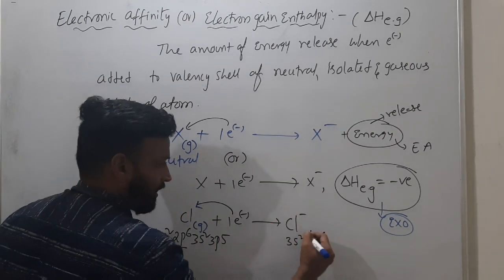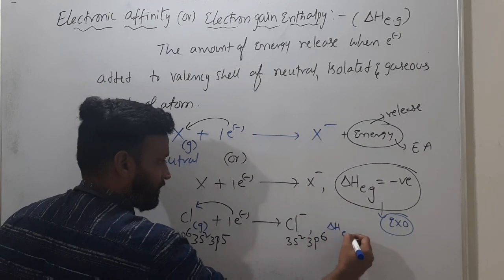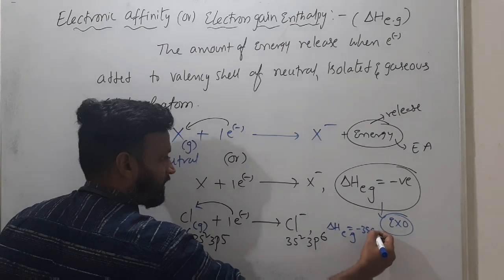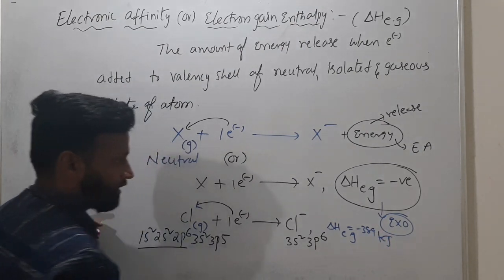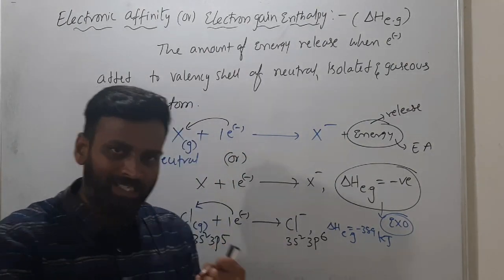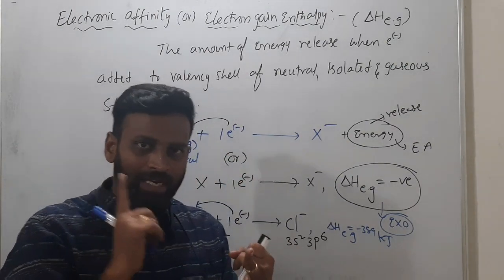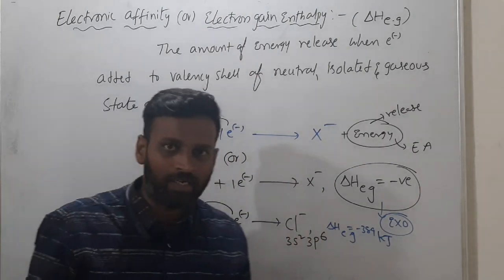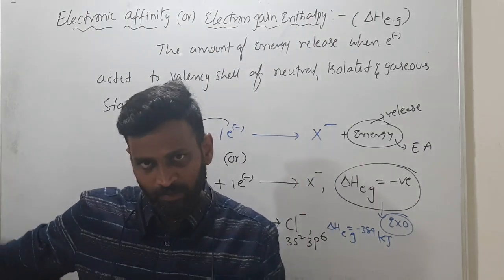So became Cl minus. So delta H Eg is minus 380 something, minus 389 something. This kilojoules only, because this is also energy only. Energy units, same units. So for ionization potential and for electron gain enthalpy, unit remains same: kilojoules, kilocalories, electron volts, like that only.